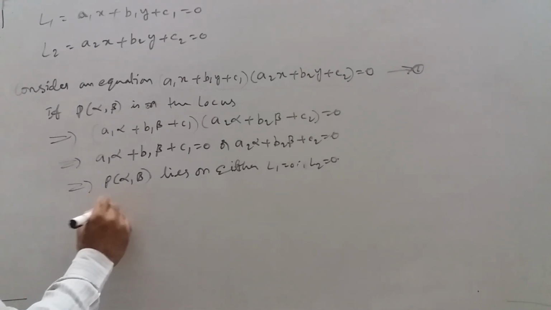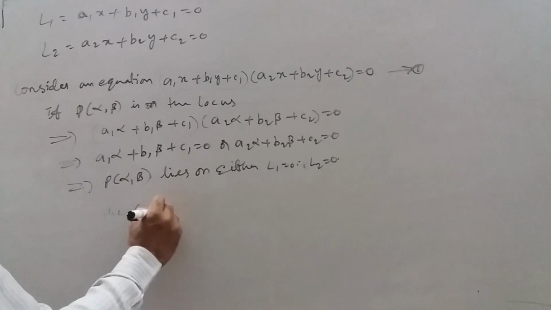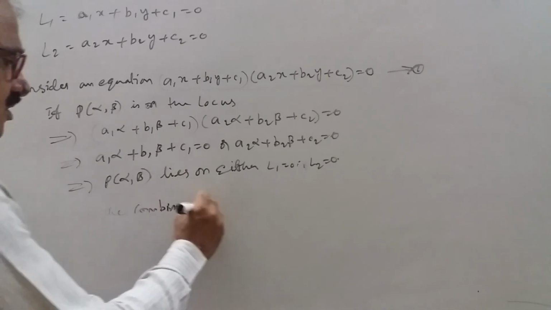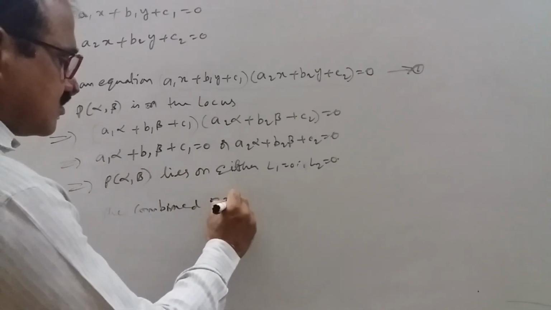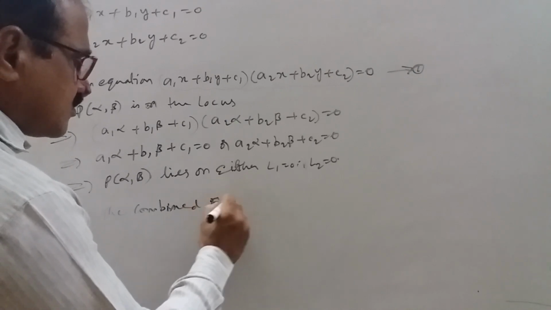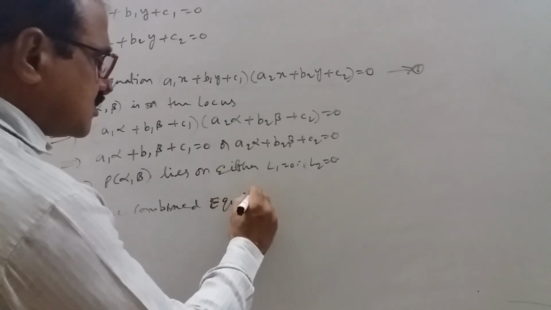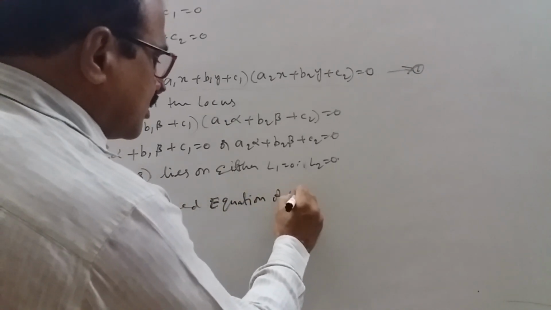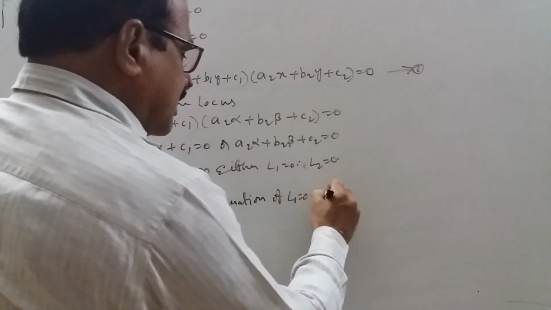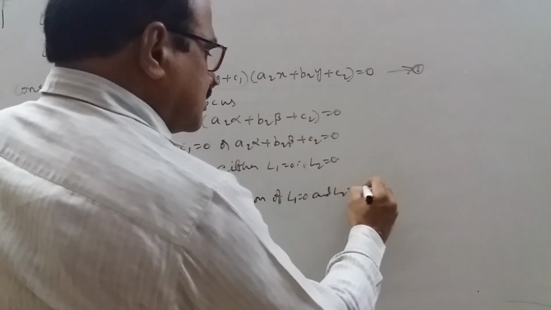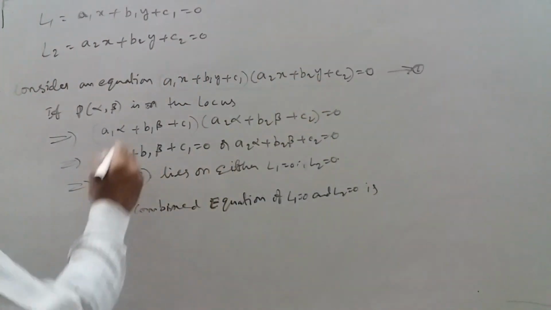That implies the combined equation of L1 is equal to 0 and L2 is equal to 0 is the locus.